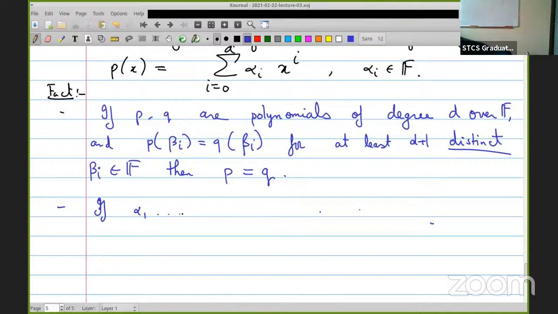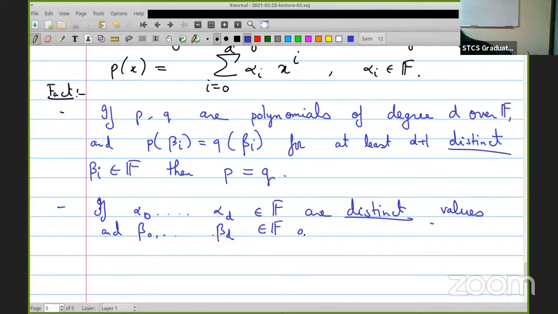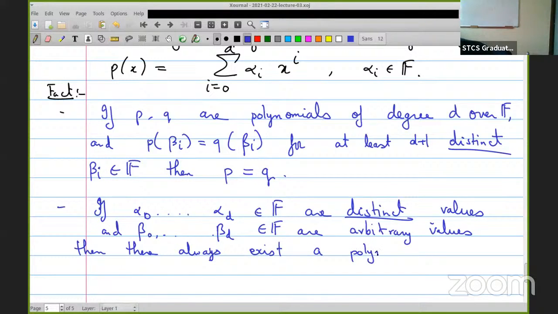If alpha 0 to alpha t are distinct values and beta 0 to beta t are arbitrary values, then there always exists a polynomial p such that p(alpha i) is equal to beta i for 0 less than or equal to i less than or equal to t. You can just do this as an exercise.